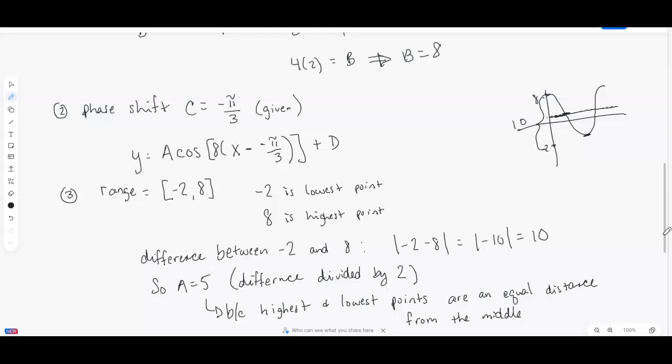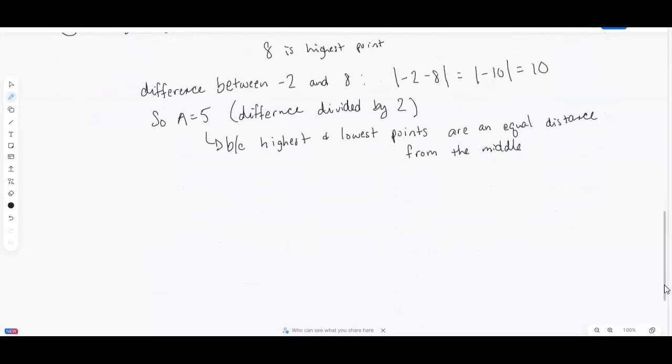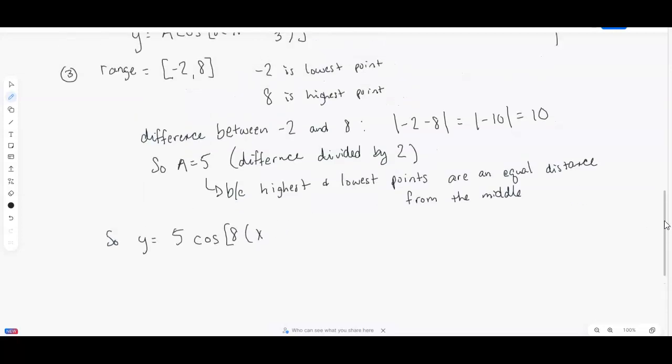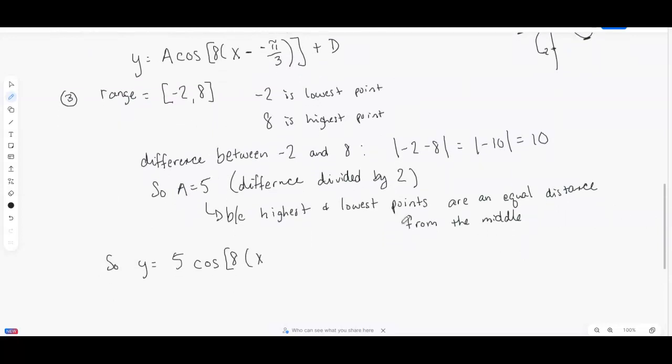Okay. So now we have that y equals 5 times the cosine of 8 times x. If you remember, we had minus a negative pi over 3, so this negative becomes plus a positive, right?